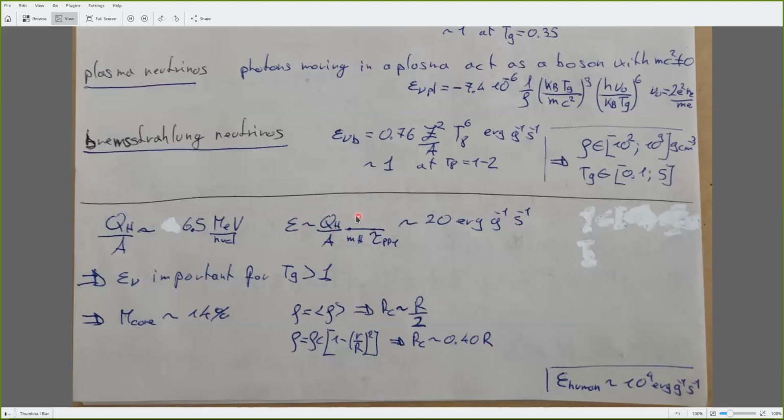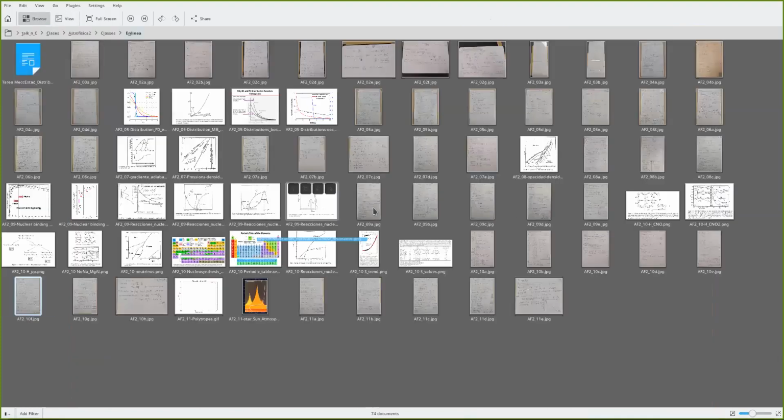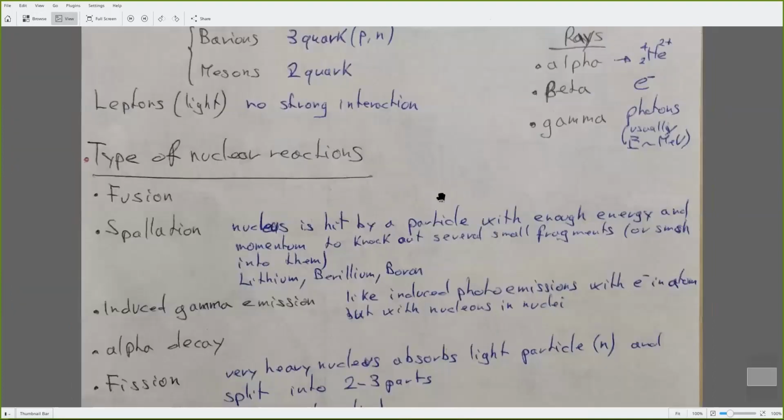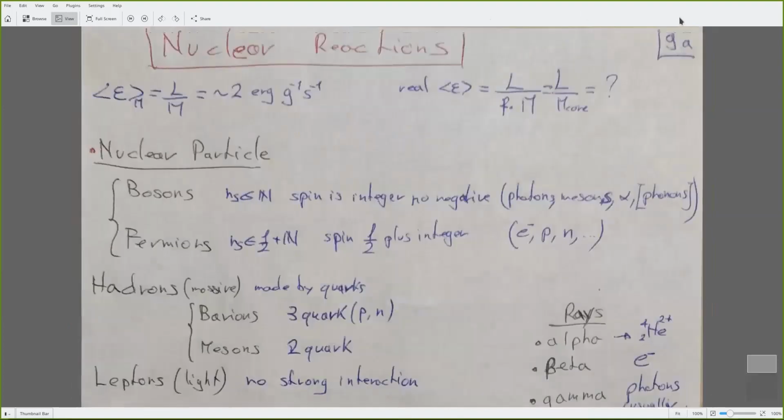And we showed that the true one in the core can be calculated accordingly. This is the mean; the real one depends on luminosity, but not on all the mass.